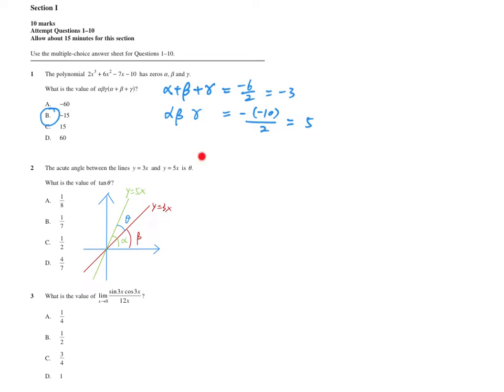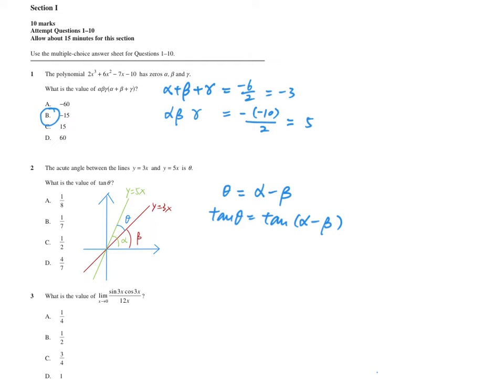So theta is the angle between these two lines, which means theta should be equal to alpha minus beta. The question is asking for tangent theta, so tangent theta should be equal to tangent of alpha minus beta.